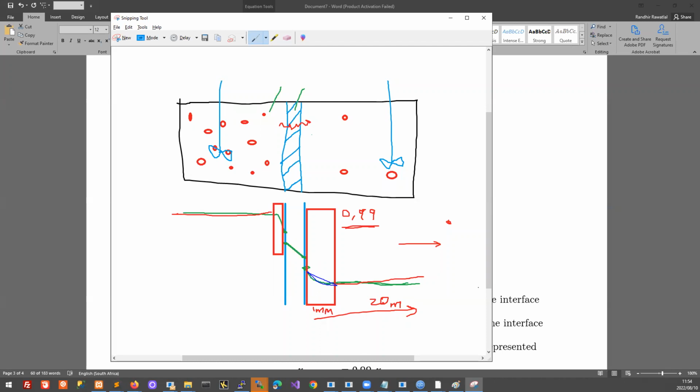What if all our mass transfer, instead of having to integrate an exponential function like we've done a bit earlier, instead of having to do all that, let's just be engineers for a minute and say, there's just a straight line there. I don't care. In this 1 millimeter, I'm not going to sit here and work out exponential functions. Let's just draw a straight line and do it.